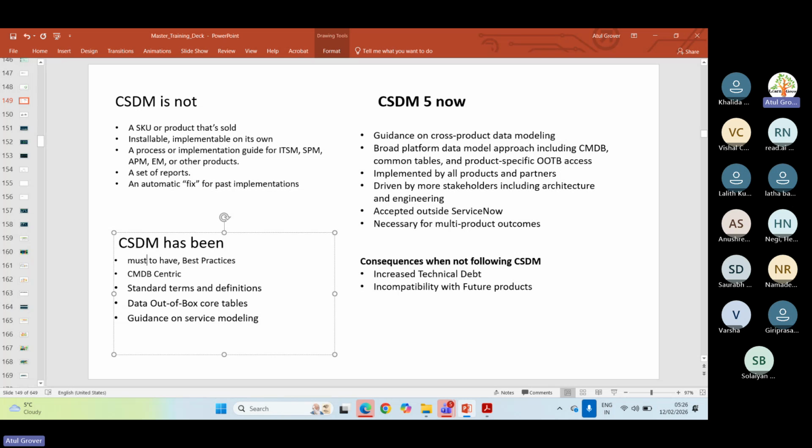Like, I'm working for one of the big clients. Initially, when we started, they said, no, we don't want to go for CSDM immediately. I said, no, it is wrong. This is the time to start, because you're just starting implementation. Now they agree, and we're working on the CSDM part.